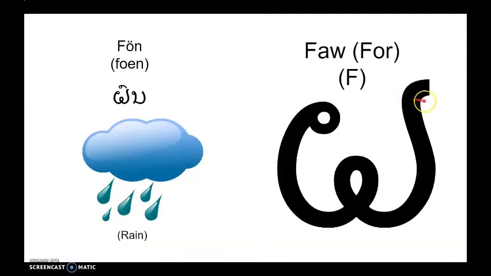But if you remember that faw has a tail, you'll be doing well. The word that's associated with faw is fun. Not fun like we're having fun, but fun, almost a long O sound. And that means rain.